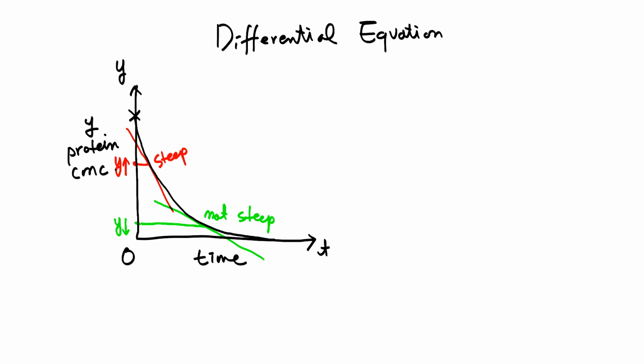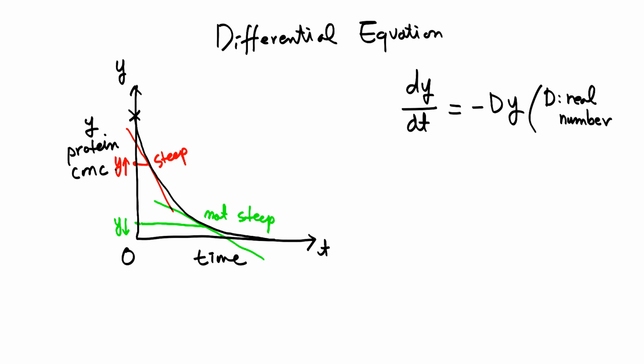The equation that we use is called the differential equation, and it is like this. dy/dt is equal to negative D y. And this D is a real number, greater than 0. Basically, because we have a negative sign here, this equation is telling us that the rate at which y is decreasing is proportional to y.